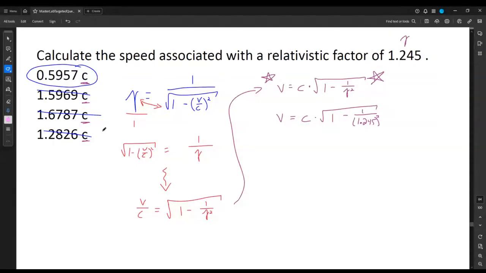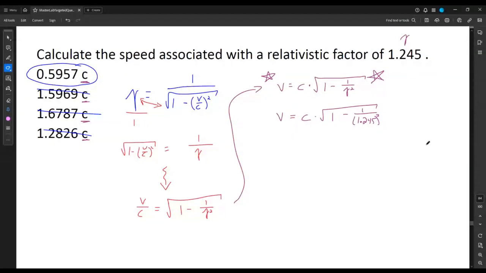Okay, so this part I am going to show because this is the direct approach and how we finish the question. The c that's on the outside of the square root is basically just going to wait there until we have a number that we're going to multiply with it. So we're going to have 1 minus 1 over 1.245 times 1.245, which is apparently 1.550025.